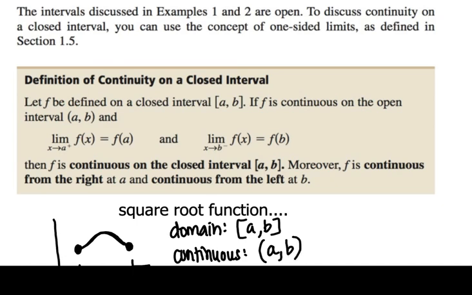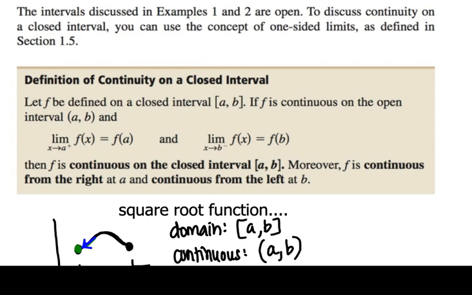So let me explain to you, maybe you can even think about it based on our definition. Why would it be continuous on an open interval and not continuous at A and B? Well, if we look at A, f of A is defined, right? The limit as x approaches A exists from the right, but does the limit exist from the left?